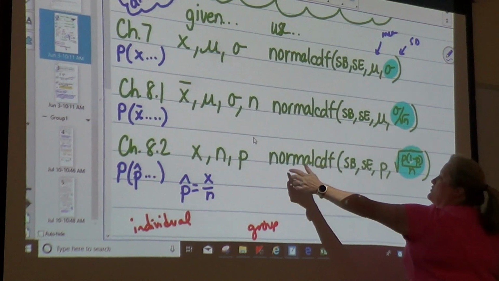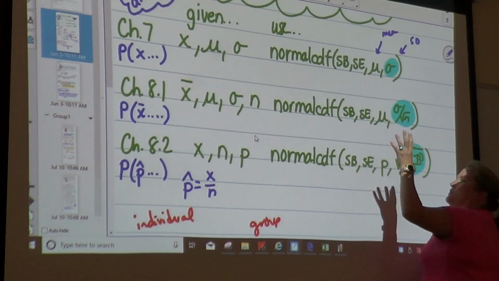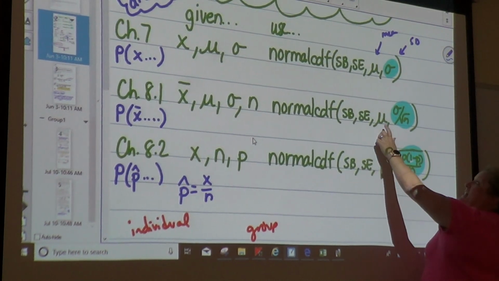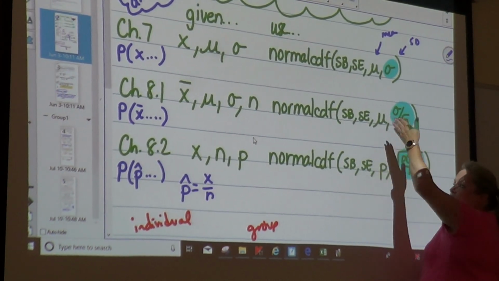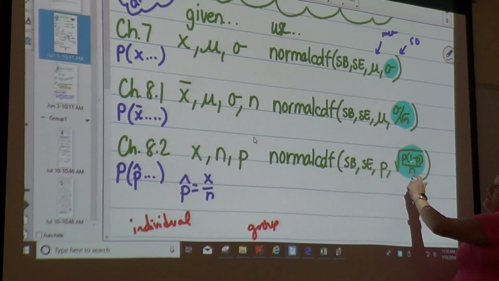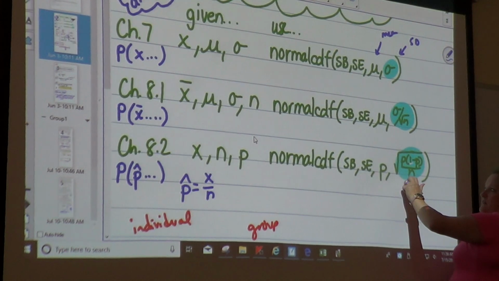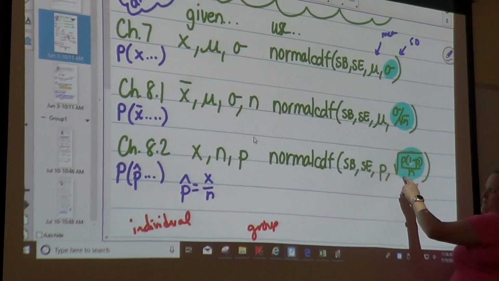We're still going to be doing normal CDF, where the shade begins and where the shade ends. Our mean, which is our middle, is now going to be a proportion or a percentage. And we have a new formula at the end. This is kind of like our new standard deviation.